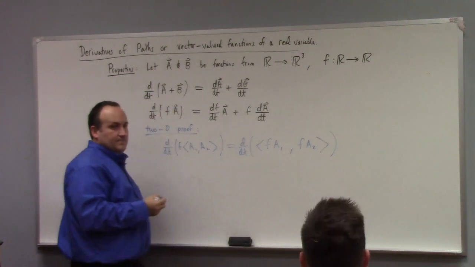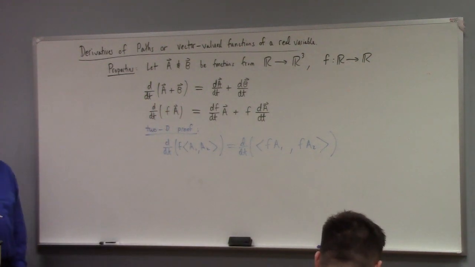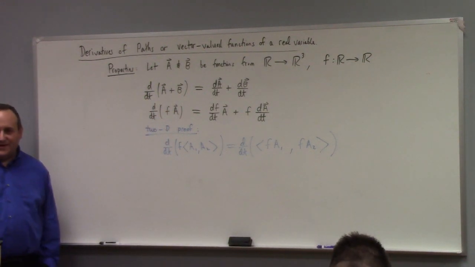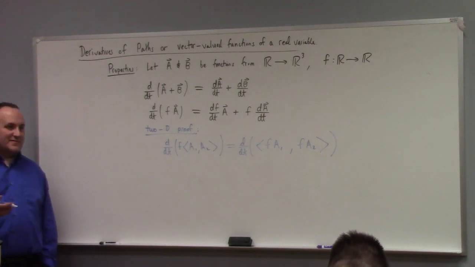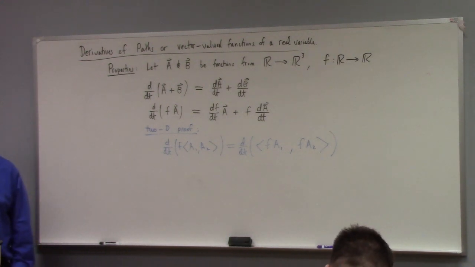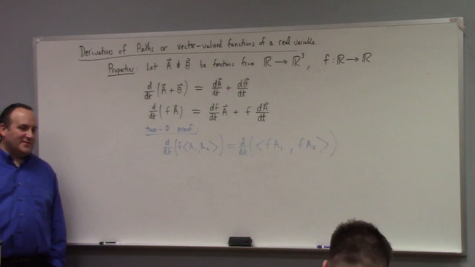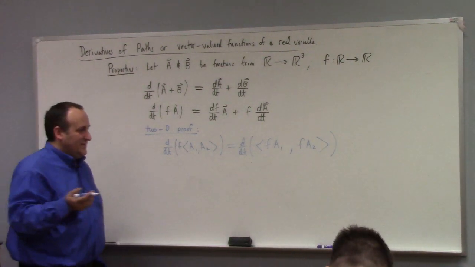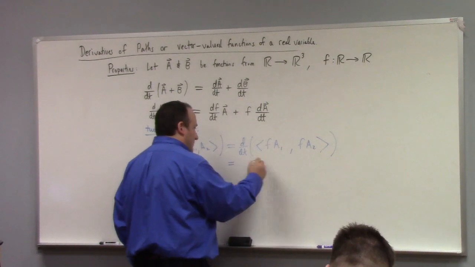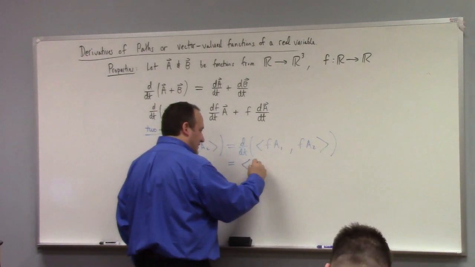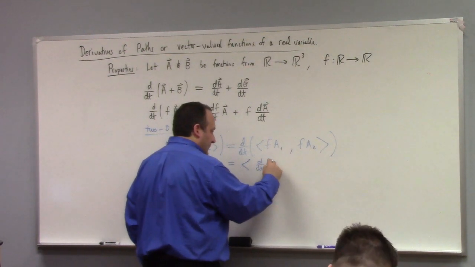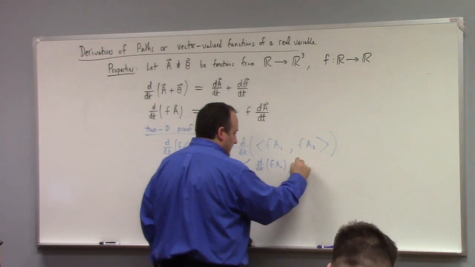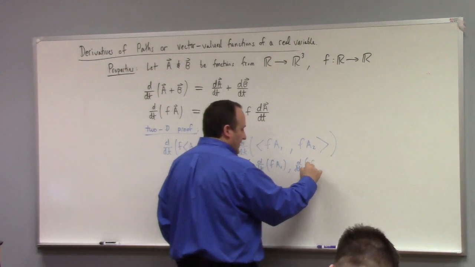What was our new, gloriously unlimited definition of derivative? If you're a math major and this is troubling you, you could say we're using a theorem: the derivative is component-wise. So this is (d/dt of f a1, d/dt of f a2).